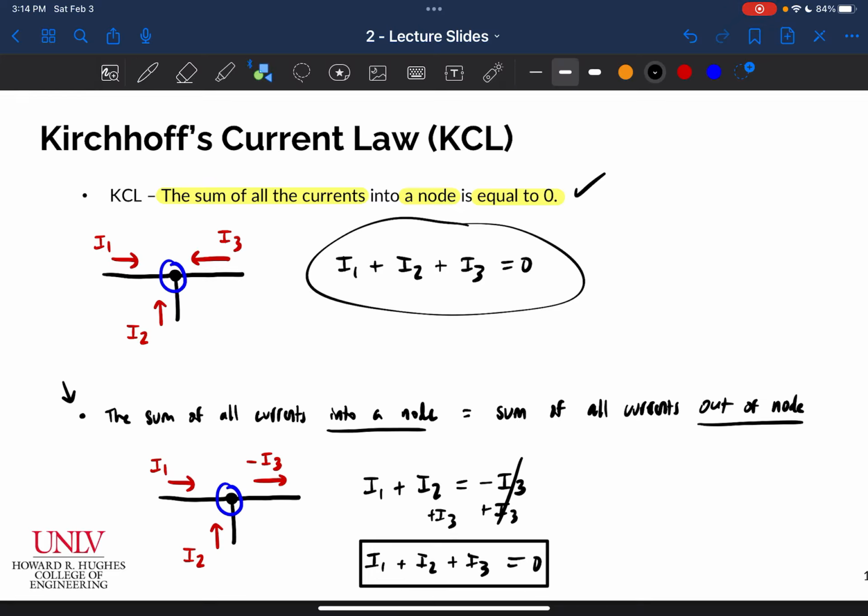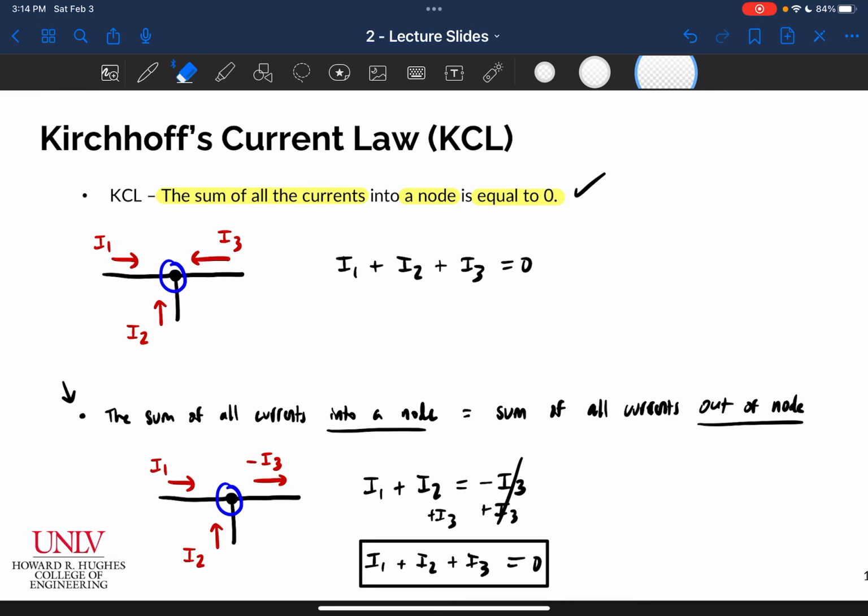Just a real quick example of a circuit that you may encounter. In the next video I will give a full example, but you might see a node here, and I know for a fact I have 1 milliamp flowing this way, and then I have maybe 3 milliamps flowing this way, and I'm curious, what is the current here?